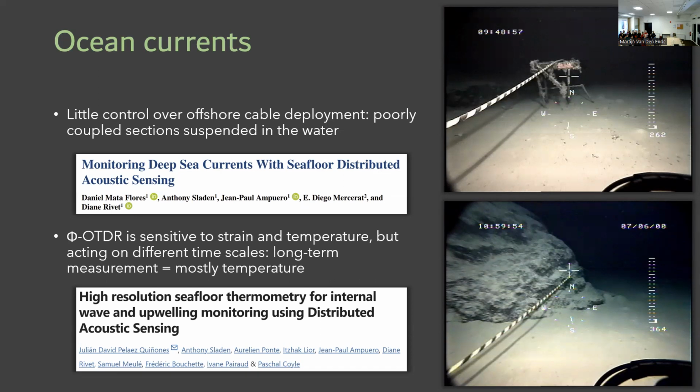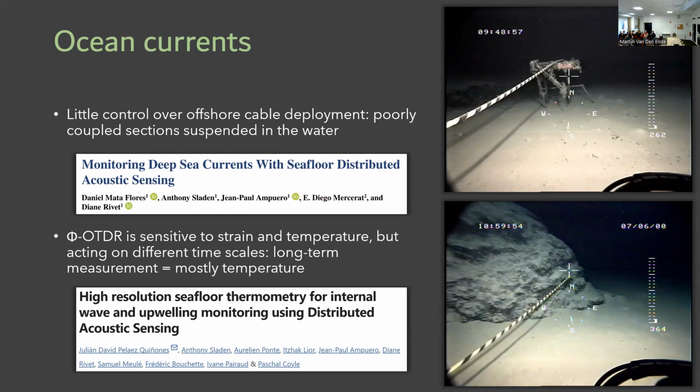So this was part of the PhD thesis of Daniel, and I think he's actually in the Zoom. But a completely different approach was taken by Julian, who looked at the very long period signals that are recorded with DAS. DAS is both sensitive to strain and to temperature at the same time, but strain coming from, for instance, earthquakes, relatively has a short period.